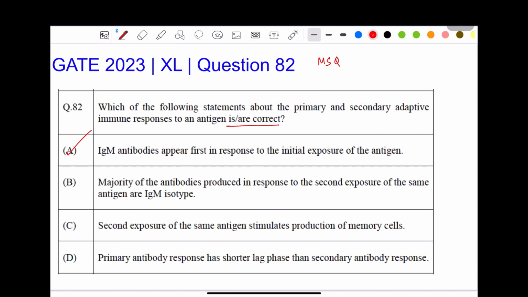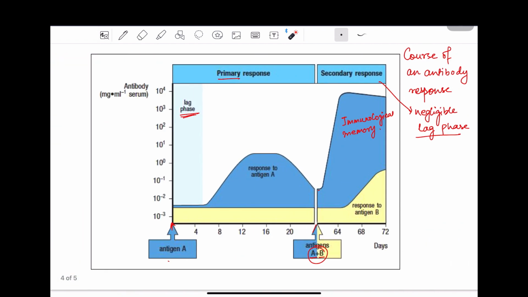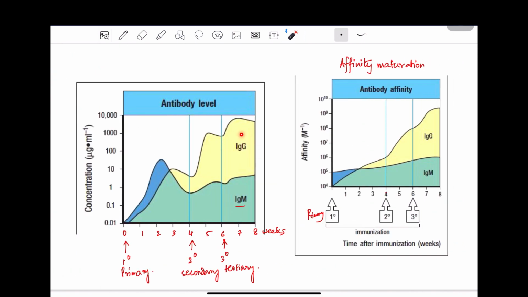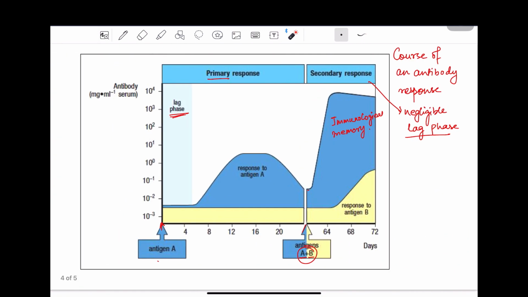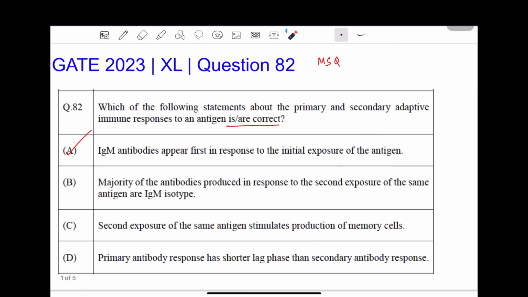Next option: majority of the antibodies produced in response to the second exposure of the same antigen are IgM isotype. That is wrong because the antibodies produced in response to the second exposure are majorly IgG antibodies, right? So this is not correct.